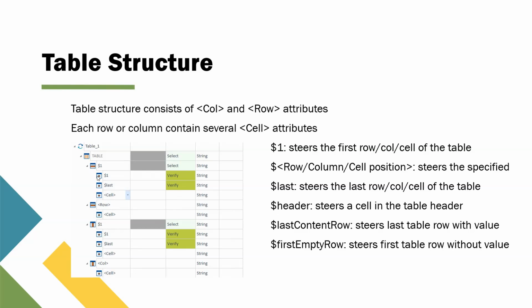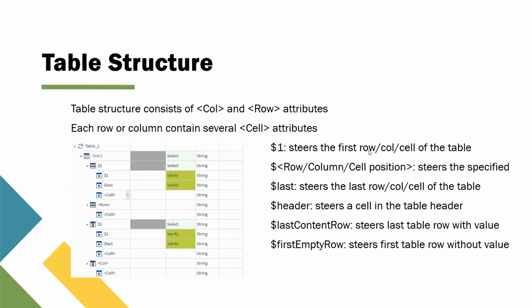So there are basically three parts to a table. So one is the row, then a row will have several cells. Then there is a column which will also have several cells, right? So let's look at some of the attributes which can be used here.